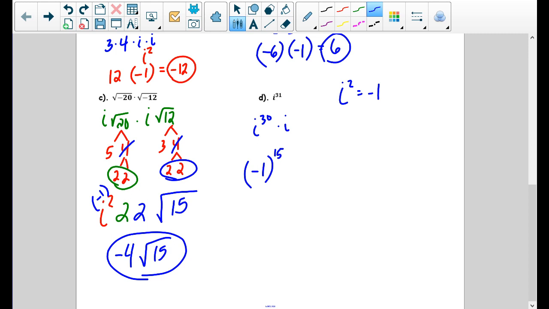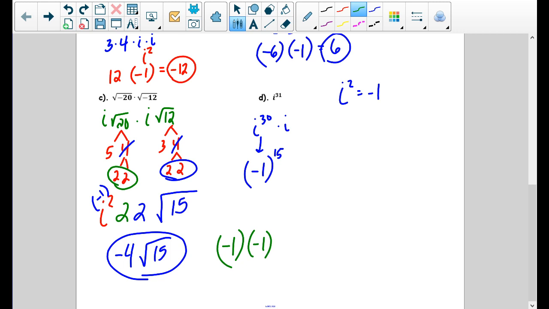Does that make sense? Okay. If I have 15 negative 1s all multiplied together, what's my answer? So let's think about this. Negative 1 times negative 1 gives me what?